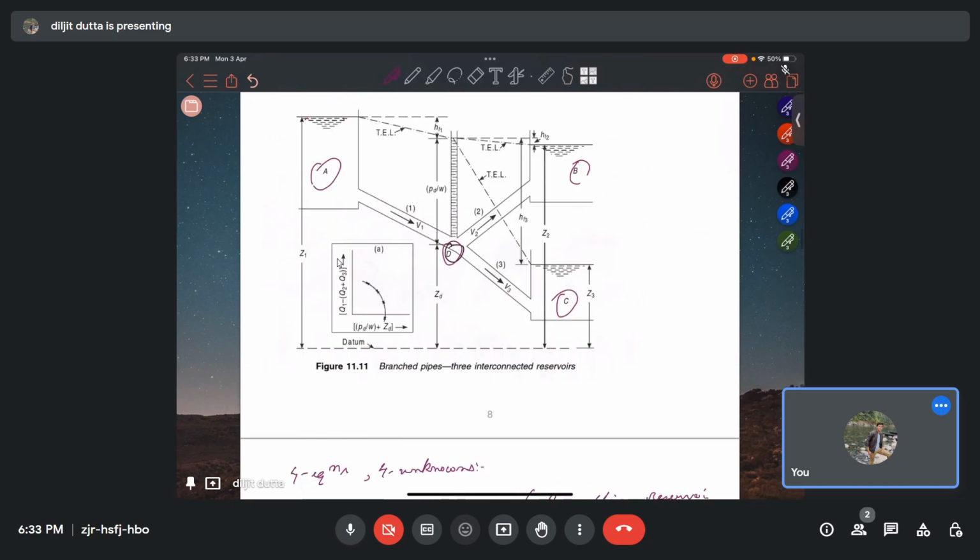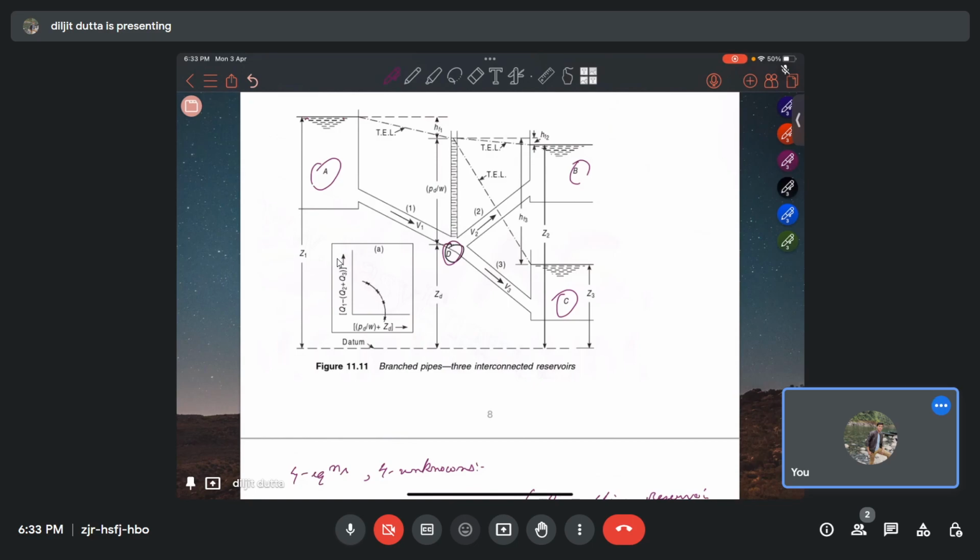Now at D, what are the terms that we have? First we will have the datum head, suppose we consider ZD. Then we have the pressure head, it will be PD by W, the pressure at point D divided by specific weight of the fluid or water.